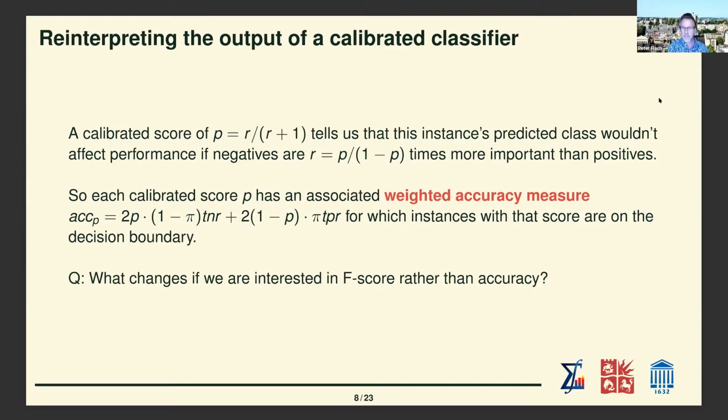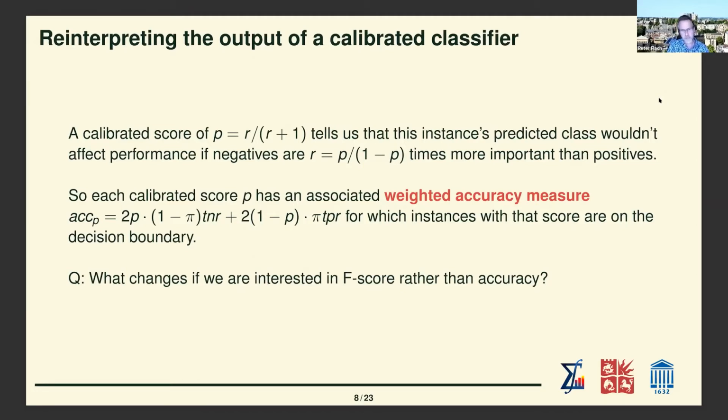Then I can say, if my classifier predicts 0.8 for my instance, then the prediction for this instance wouldn't matter if negatives were 4 times as important as positives. But all of this hinges on using accuracy or weighted accuracy as a performance metric.